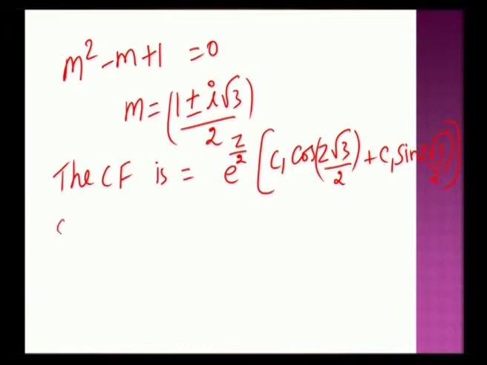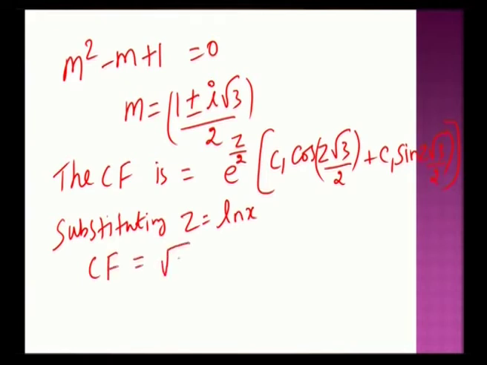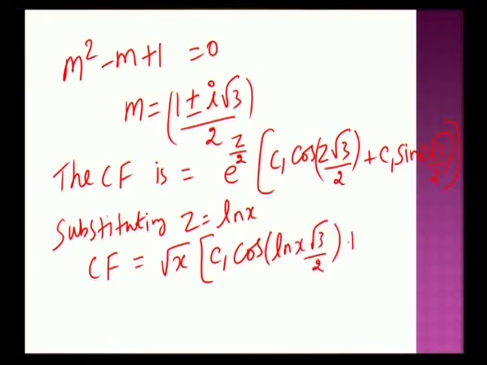Now, substituting z is equal to ln of x in this complementary function, we get the complementary function is equal to root x into c1 cos of ln of x root 3 by 2 plus c2 sin of ln of x, that is natural logarithm of x, root 3 by 2.